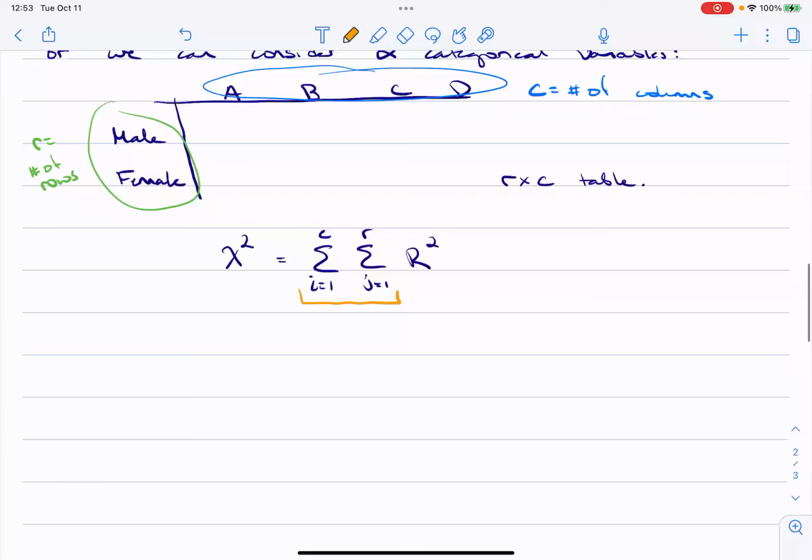Right here, this is the sum over the rows and columns.